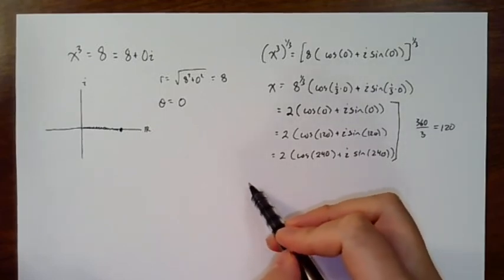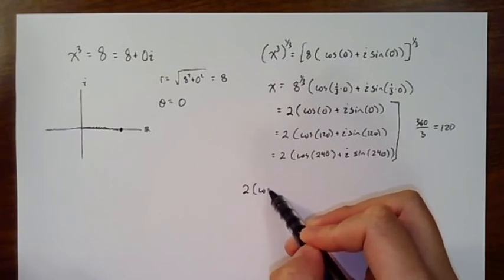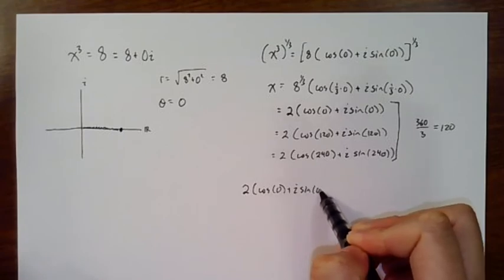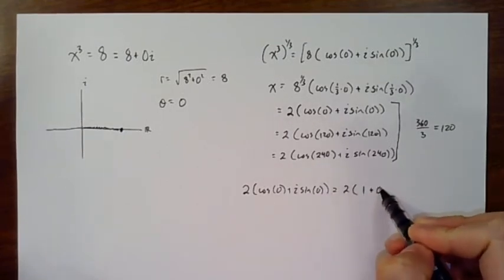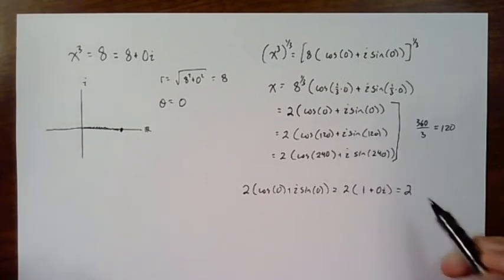And we can convert each of these into standard form. So if we have 2 times cosine of 0 plus i times the sine of 0, this is 2 times 1 plus 0i. 0i is 0, so this is just 2.